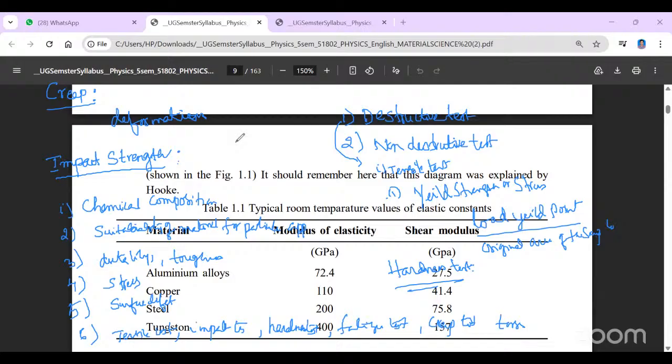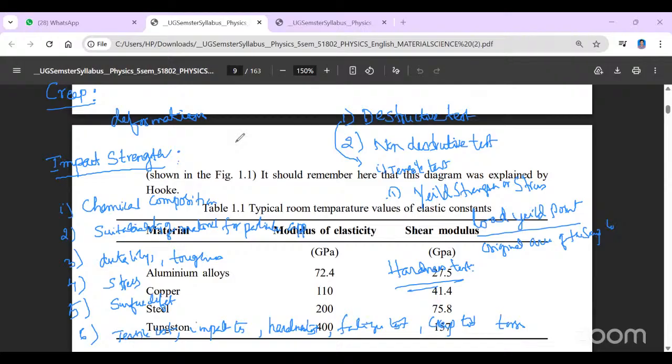In order to perform this hardness test, there are different types of tests, like the Brinell hardness test, Vickers hardness test, Rockwell hardness test, rebound hardness test, and scratch test. All these are different types of hardness tests. They have different methods to determine the hardness of that material.